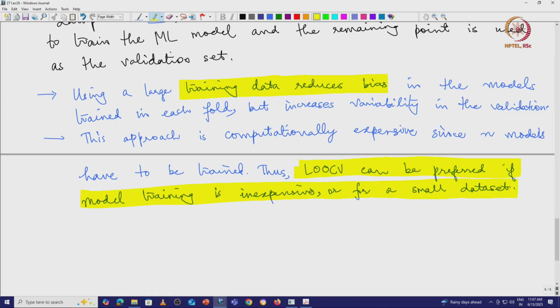And finally, I want to introduce the last type of CV that we are considering here, and that is called the repeated random subsampling CV.